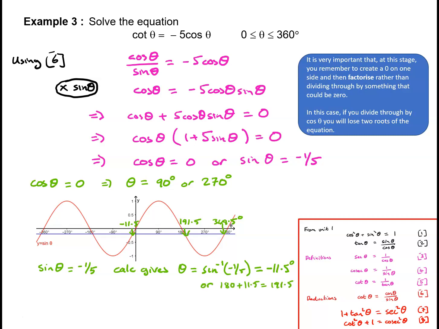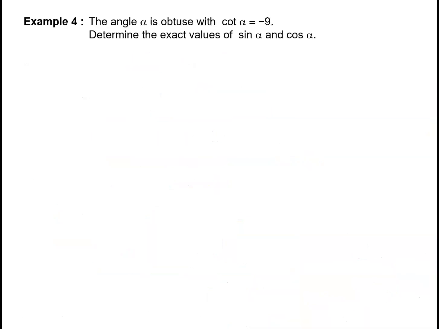So I've got a solution at 191.5 degrees together with a solution at 348.5 degrees. So the solution of my full equation is theta equals 90, 270, 191.5 or 348.5 degrees.